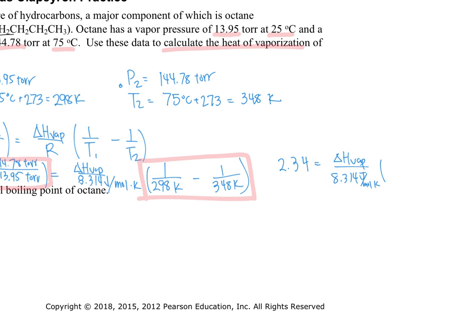So when we subtract those two numbers, we get 4.82 times 10 to the negative 4th, and that will be inverse Kelvin. So what ends up happening is our Kelvins cancel out here.